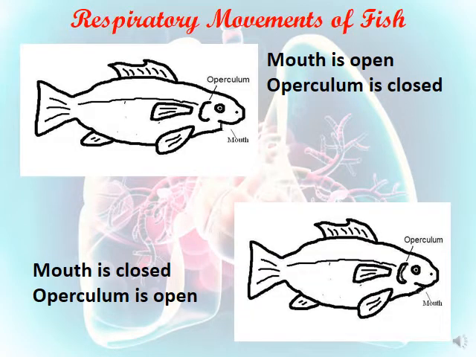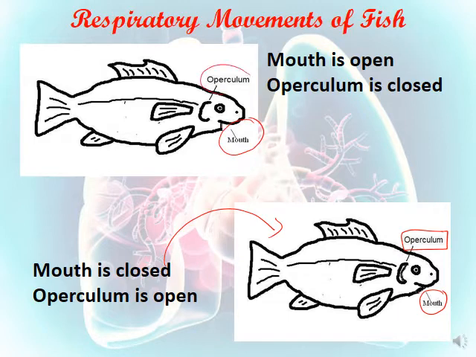While when the mouth is closed and the operculum is open, water will flow out of the operculum. This is during exhalation, while when the mouth is open and the operculum is closed, this is during inhalation.